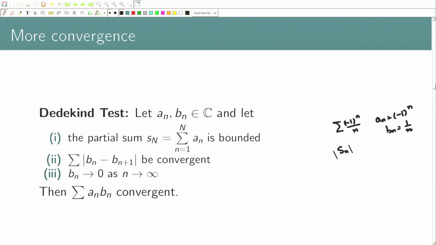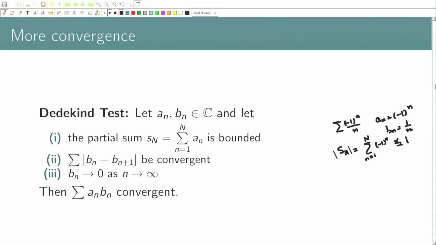Then S capital N, this is equal to summation over n equal to 1 to N of minus 1 to the power n. As you know, depending on whether n is odd or even, this is definitely less or equal to 1 for all capital N, and that shows the first condition is satisfied.